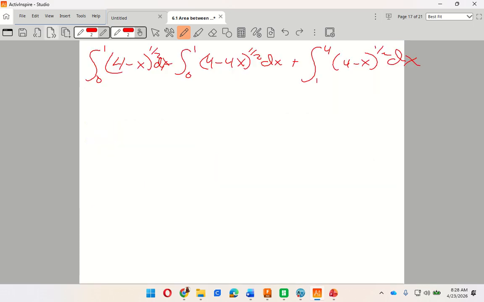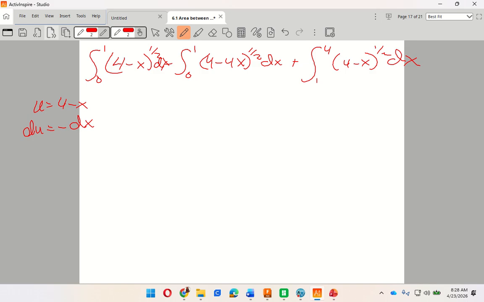All right, so let's go ahead and do this one right here. So U sub, we're going to say that my U is 4 minus x, and then du is going to be negative 1 dx, right? Okay, good.